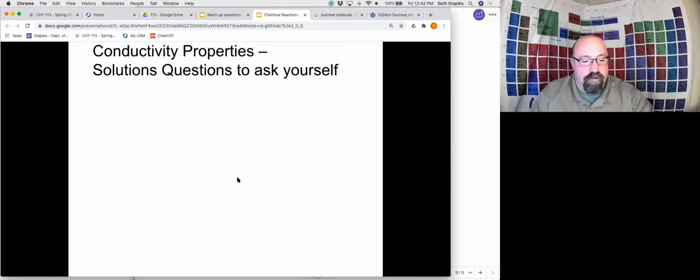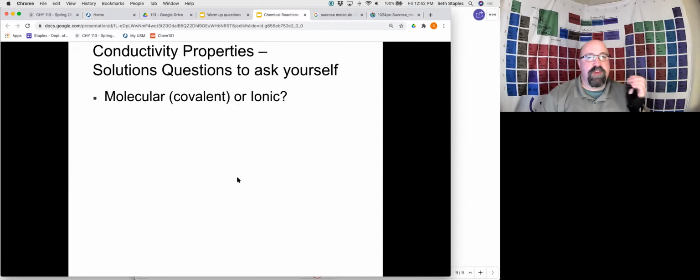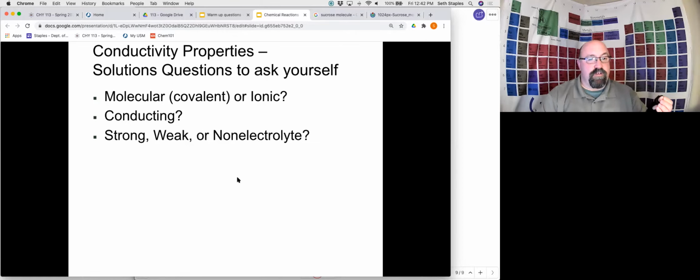So let's go through a flow of how we would determine if something is conductive, if something is an electrolyte. You need to ask yourself, is it molecular or ionic? Is it covalent or ionic? Based on that, is it going to conduct electricity? And is it going to do so strongly, weakly, or is it a non-electrolyte?